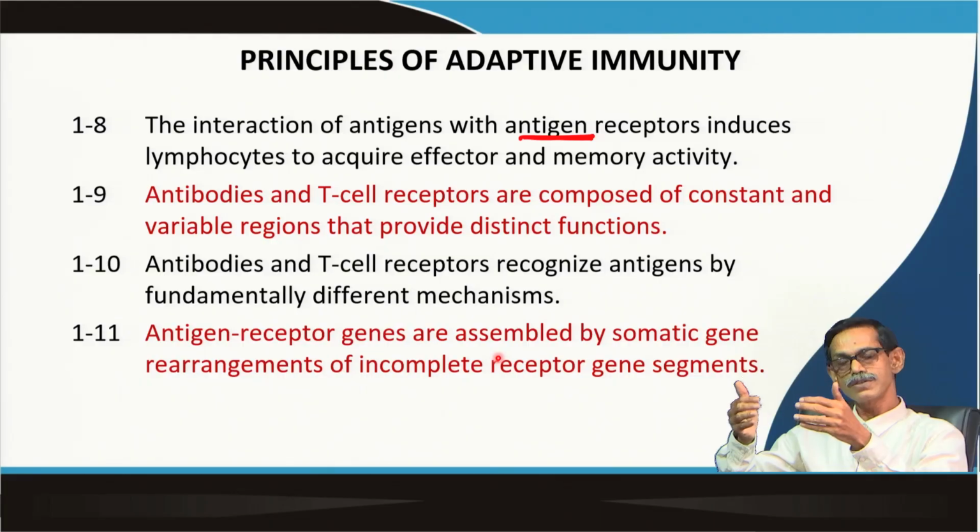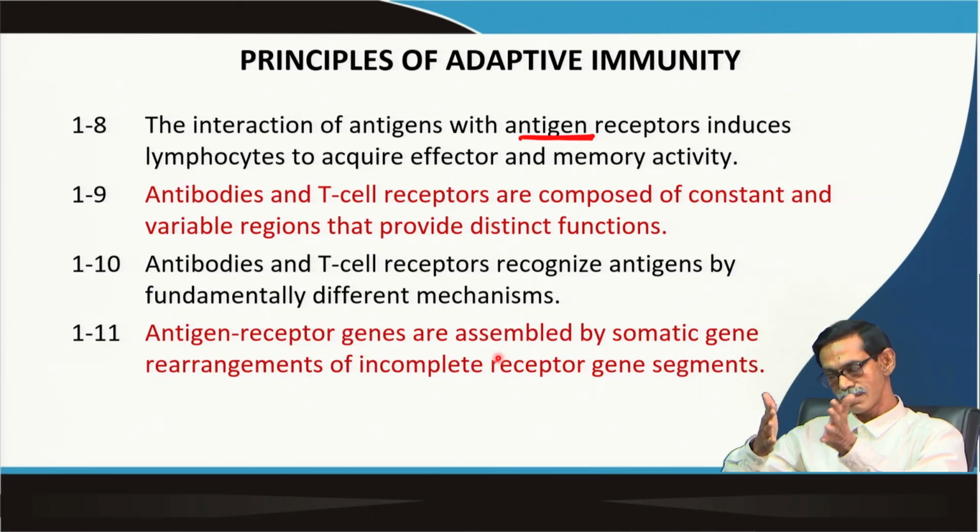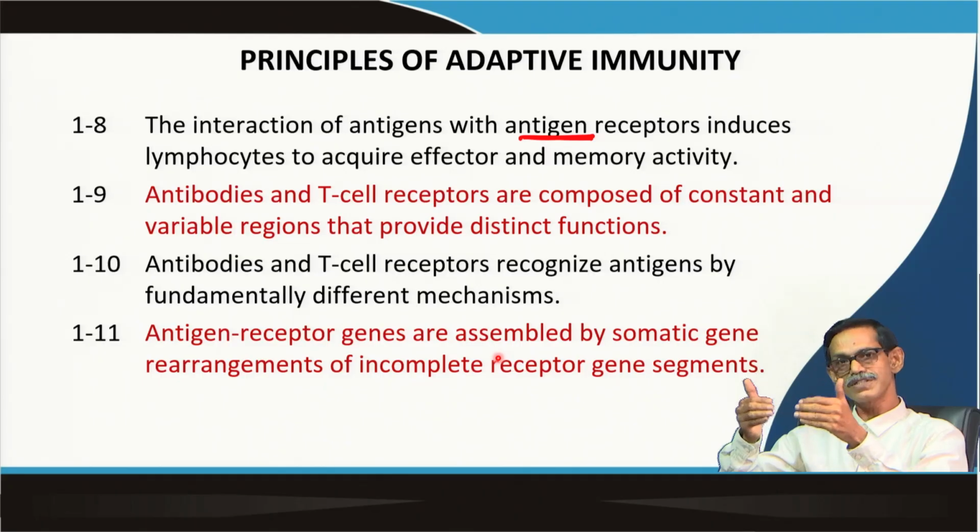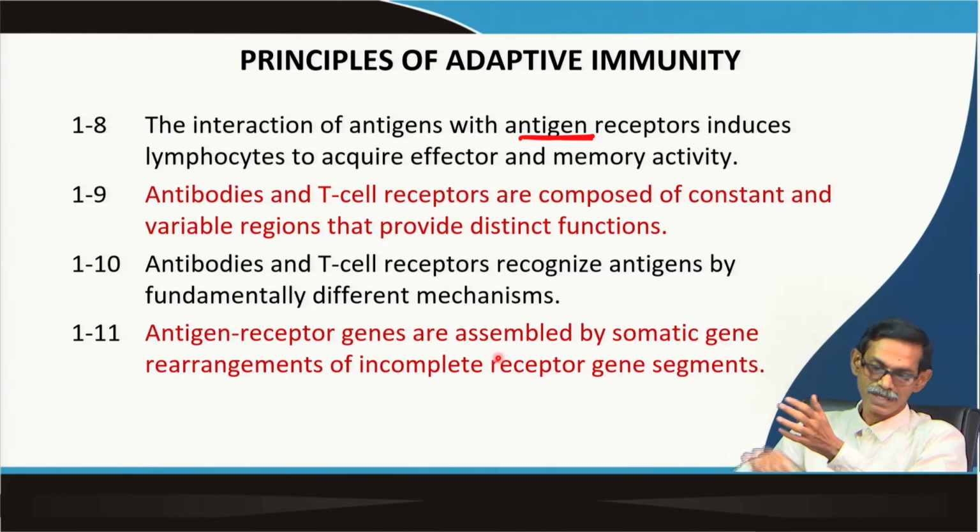So, if you consider the variability or diversity of antigen receptors for B cells as well as T cell receptors, the numbers are not matching, the number of genes and the number of receptor variants are not matching. So, how is this diversity generated? It was a very big question before, but now we know the mechanism of it.